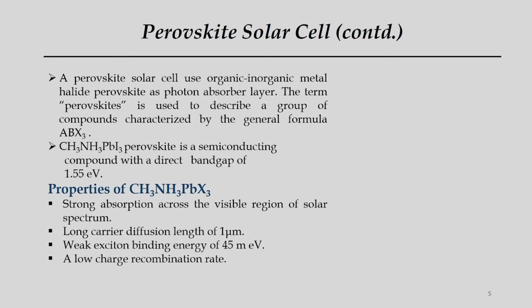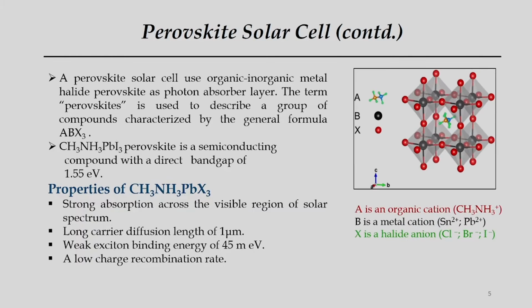A perovskite solar cell uses an organic-inorganic metal halide perovskite as the photon absorber layer. The term perovskites is used to describe a group of compounds characterized by the general formula ABX3. If you see this figure, what is A?